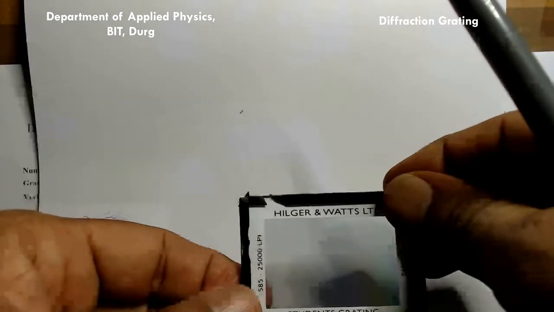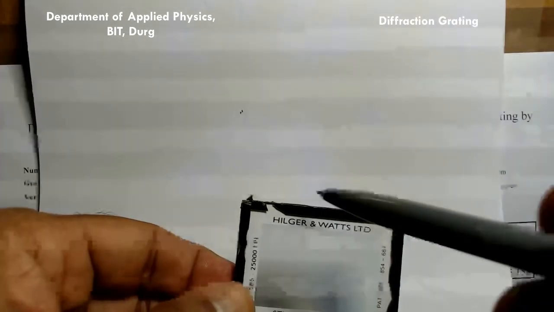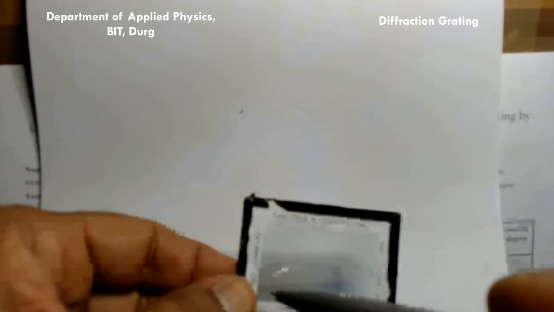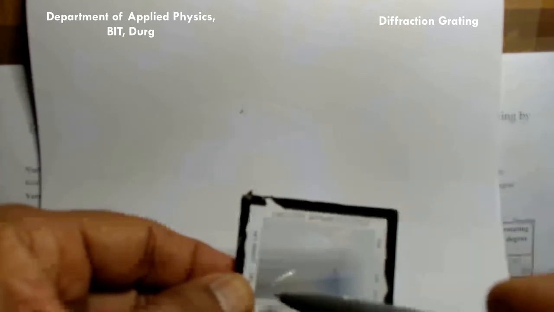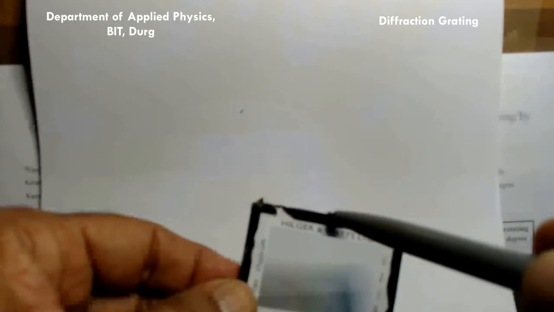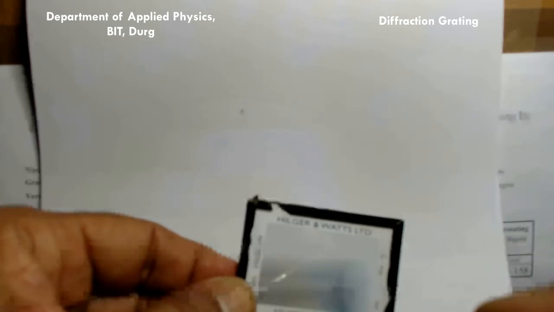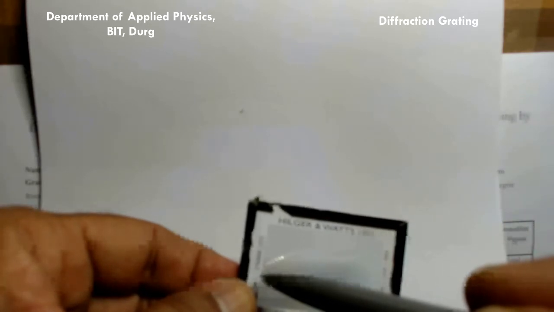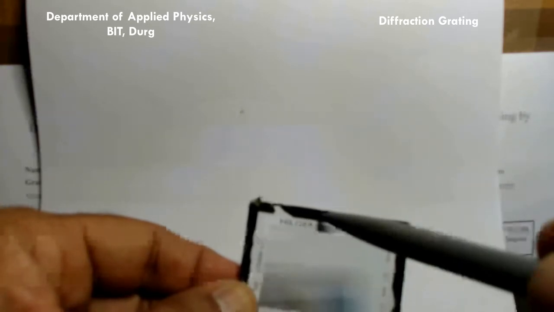Suppose this distance is approximately 2 inches, then vertically 50,000 lines are there in 2 inches. So obviously in 1 inch the number of lines drawn by the diamond cutter is equal to 25,000 lines.